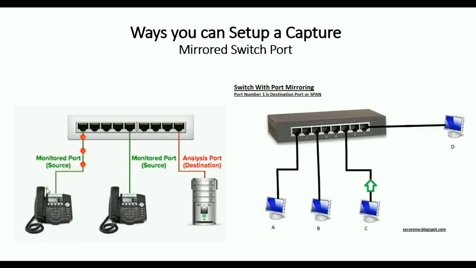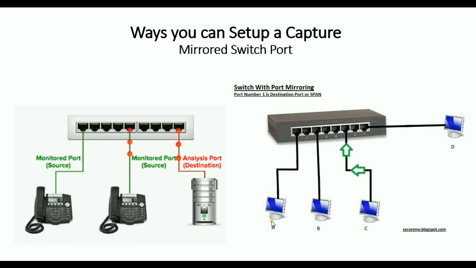On the first one, we've got two voice over IP phones sending traffic, and this mirrored port is capturing all of the data packets going backwards and forwards between these two phones. So if we've got Wireshark running here, we can see the VoIP traffic on these two ports.